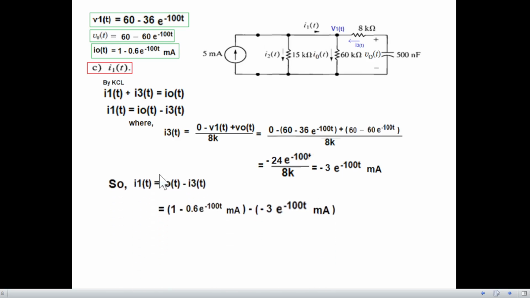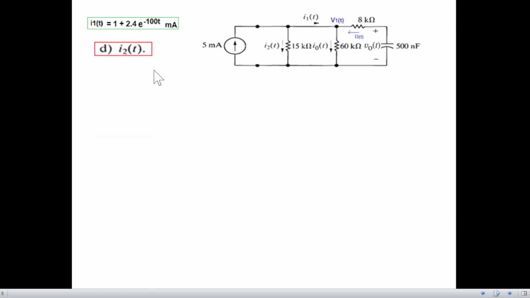And now we will plug in here. I0(t) we already had calculated, I3(t) we calculated here, so plugging in and simplifying, we get this answer, and this is the answer given in the book. So part C is done.